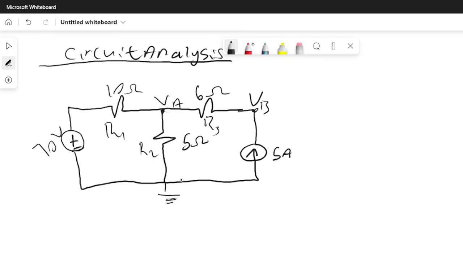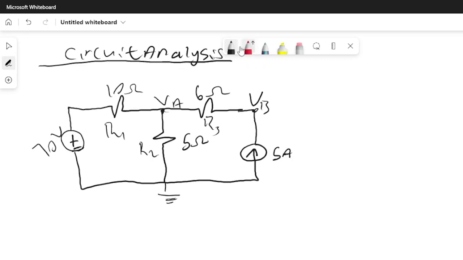Now, since you have an idea what a node is, later on I'm going to explain what a mesh is, I think in a different video. Now, what can you do to find all the currents that flow through each resistor and find VA and VB? Firstly, you need to know that current moves from a high potential to a low potential.